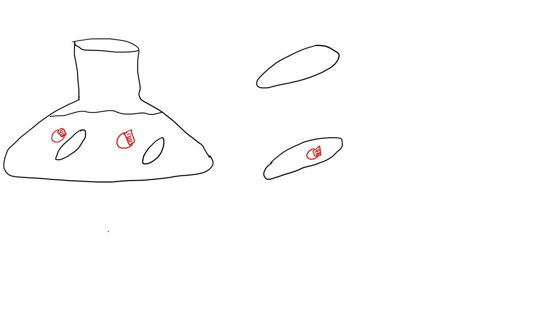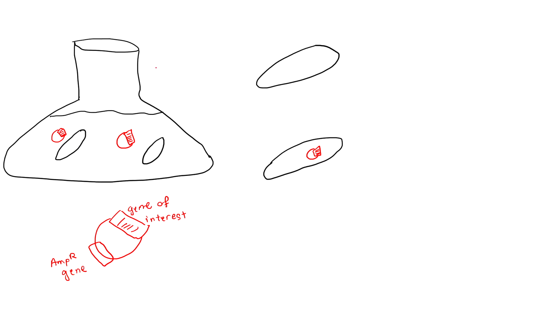Let's say inside this plasmid, this is the gene of interest. You will have put in another site here that is the antibiotic resistance gene. For example, here you have an ampicillin resistance gene.